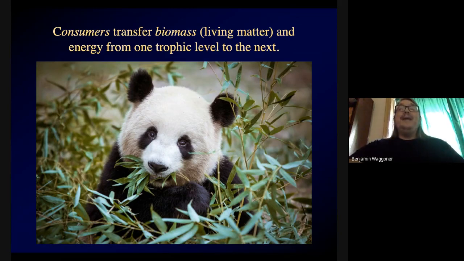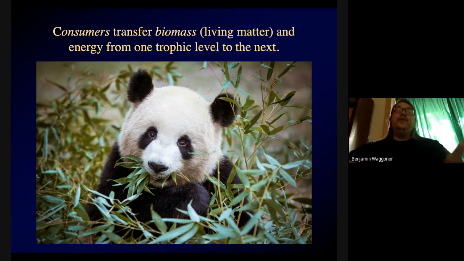And then when the panda eats the bamboo, the panda takes some of that bamboo's biomass and turns it into panda biomass. Some of that bamboo ends up becoming more panda, right? The panda grows and gets bigger and it gains weight. There's more panda biomass there than there used to be. So the panda has transferred biomass from the bamboo to itself.